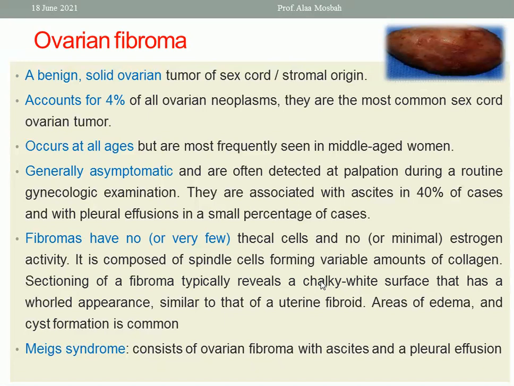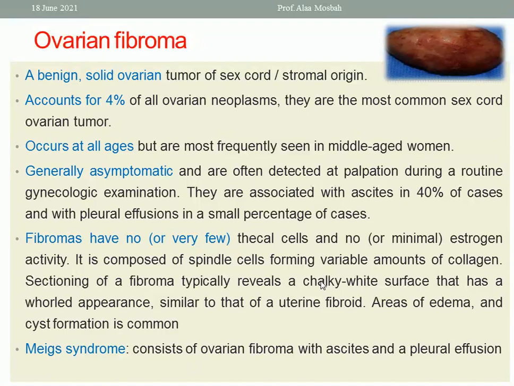Occur at all ages, but more common in middle-aged women. Generally asymptomatic and discovered accidentally during ultrasound examination or by manual examination, confirmed by ultrasound or MRI. Associated with ascites in 40% of cases and with pleural effusion in a small percent of cases.